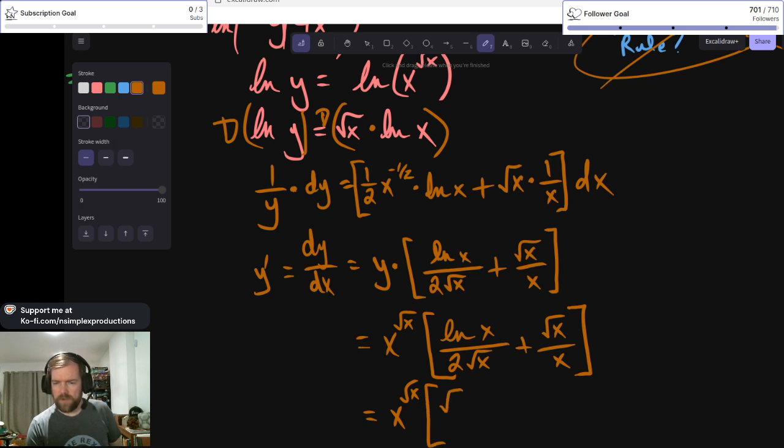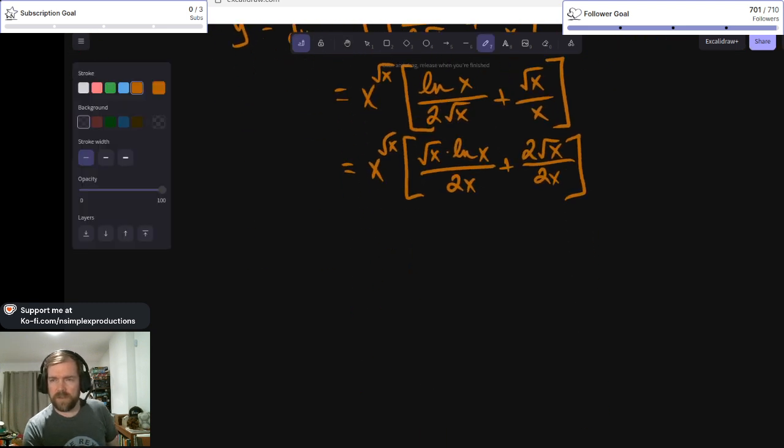And that's going to get you root x times natural log x all over 2x plus, this is way too involved, really. It doesn't matter. Let's do 2 root x over 2x. That way we can take out a 2x entirely from the denominator.